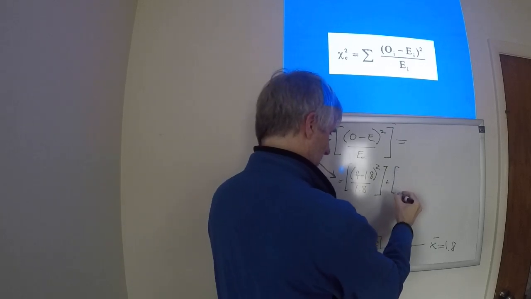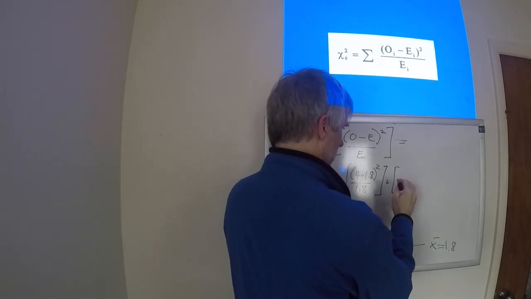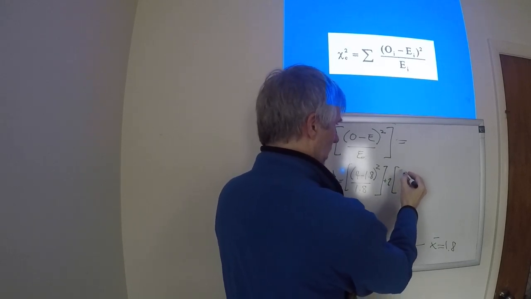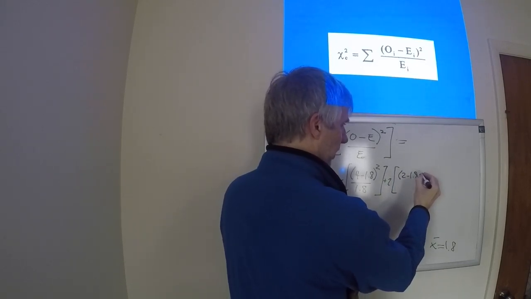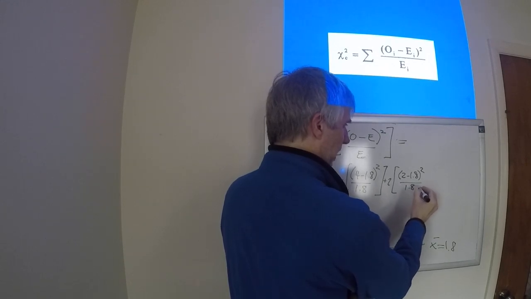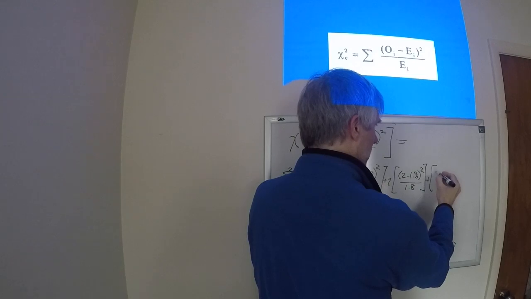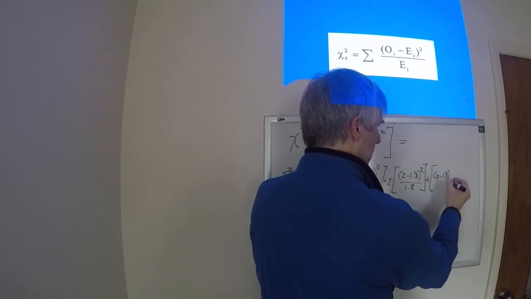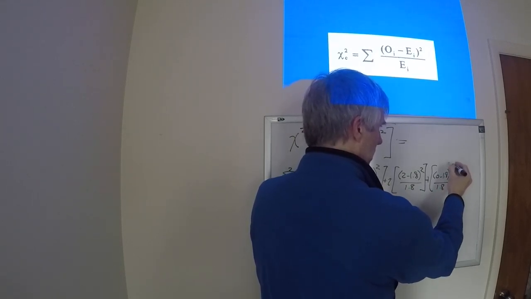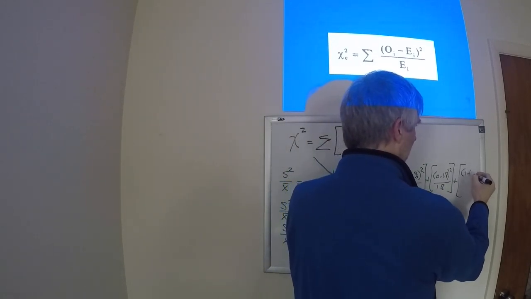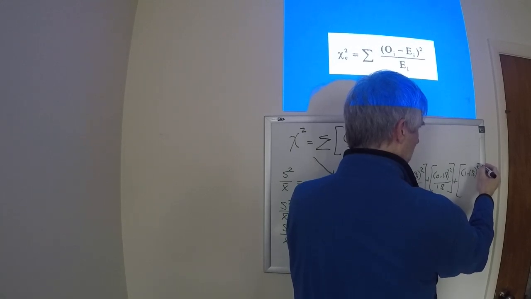Plus, could do it this way, 2 times 2 minus 1.8 squared over 1.8, do it 0. Finally, the 1. 1 minus 1.8 squared.